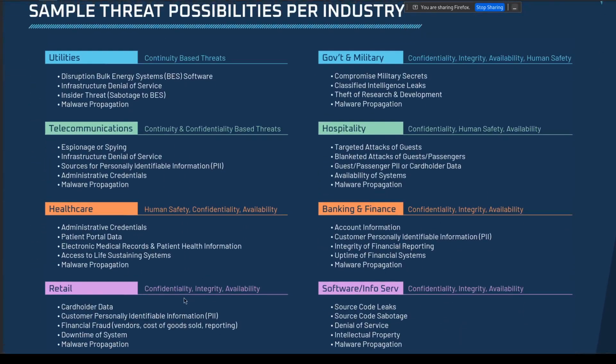So these are all some of the common threats. Like in healthcare systems, you have a leakage of administration credentials. With administration credentials, one could literally see all the patients' data, and then a leakage of patients' data. That's one of the threats. And then you have the leakage of electronic medical records and patient health information.